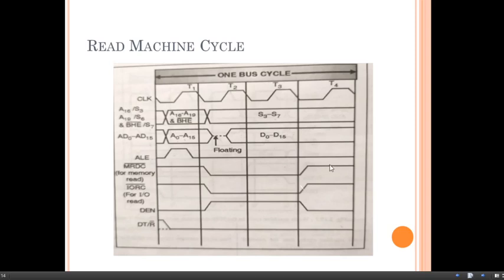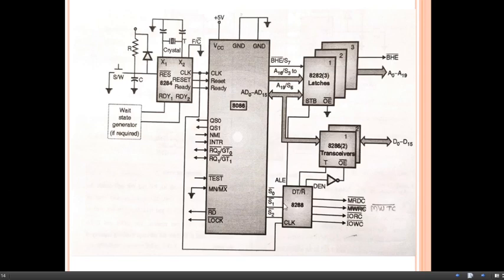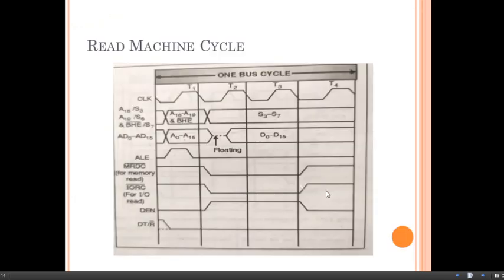Now this one is the read machine cycle for maximum mode configuration. If you observe this read machine cycle of maximum mode, it is very similar with read machine cycle of minimum mode configuration. Only few changes are there, means the status signals S0 to S2 bar are required for maximum mode configuration, and with the help of these status signals ALE, DT/R bar and DEN signals are generated.